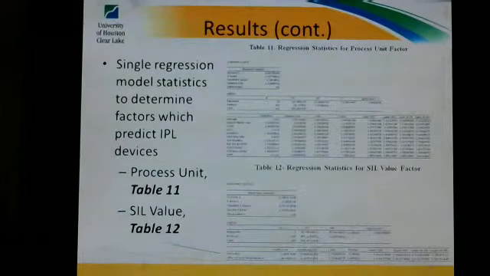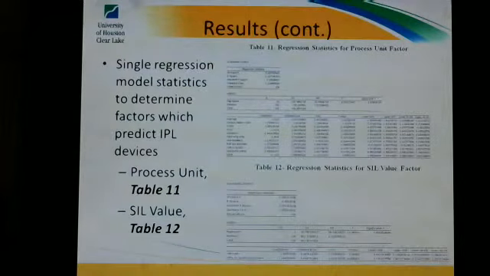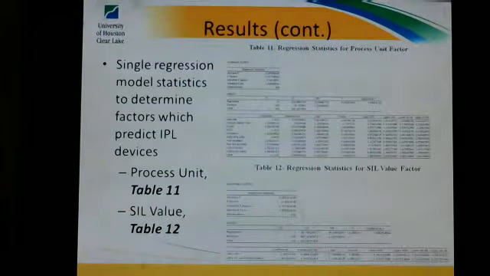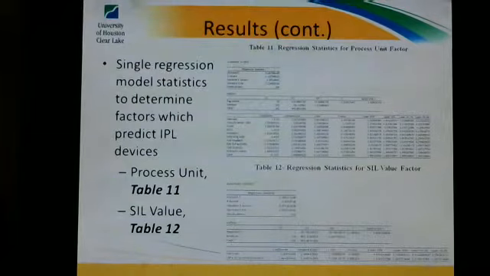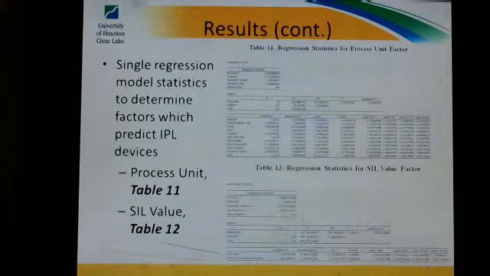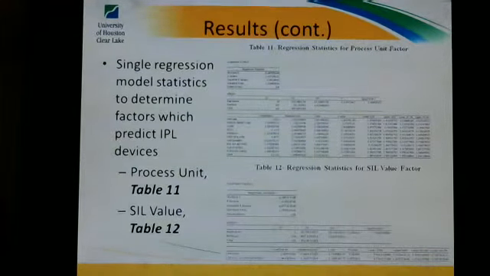All right, so shown here in table 11 is a regression model for the process unit factor. As you see on the right side are all the factors, all the categories that were analyzed in the regression model.